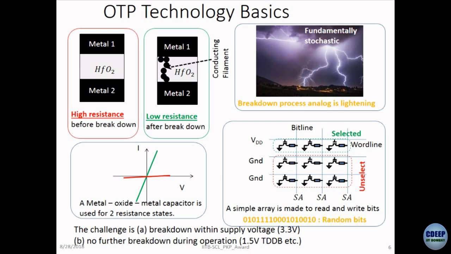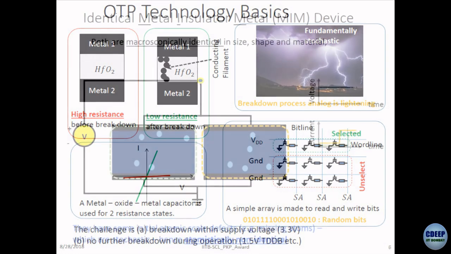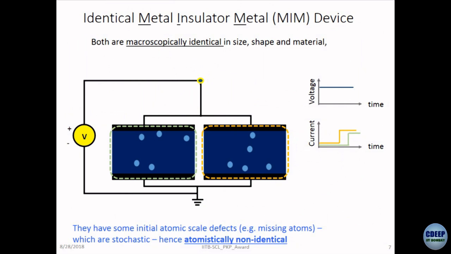Now, normally these oxides inside a semiconductor chip break down at very high voltages, so one challenge was to reduce the voltage. The other challenge is that after you've done a breakdown, it should not move. It should remain an ID for the chip forever. It should not move around or change its resistance.